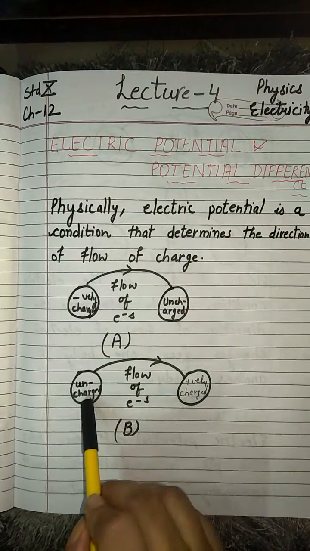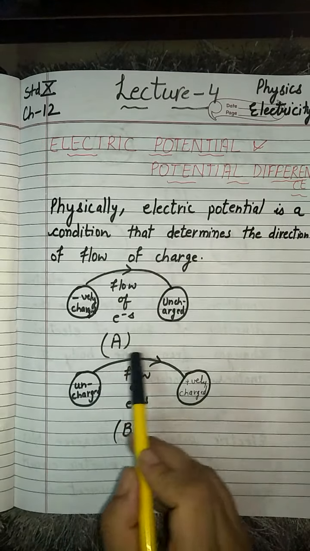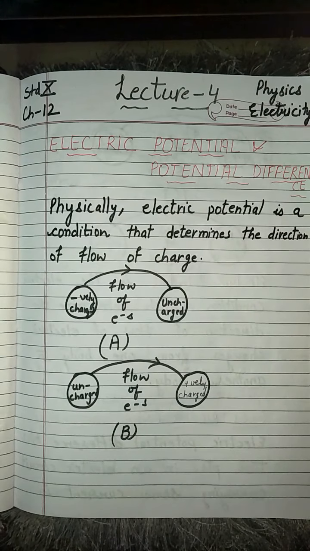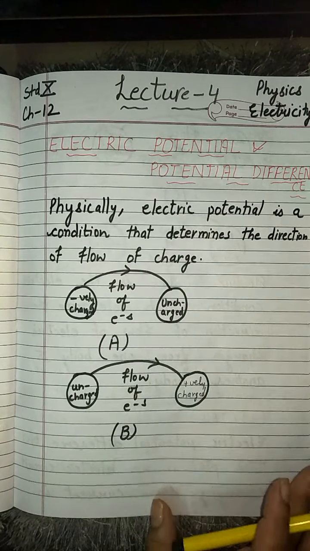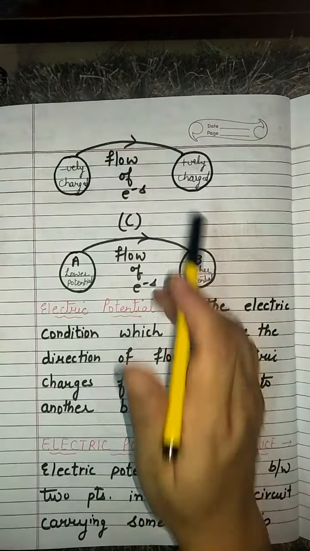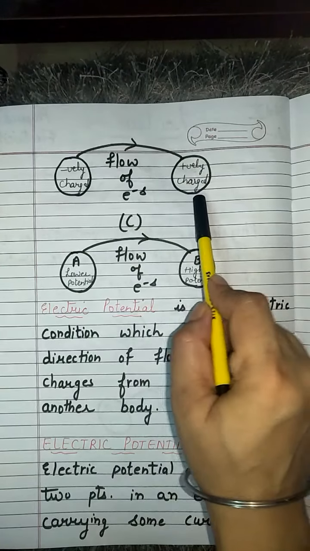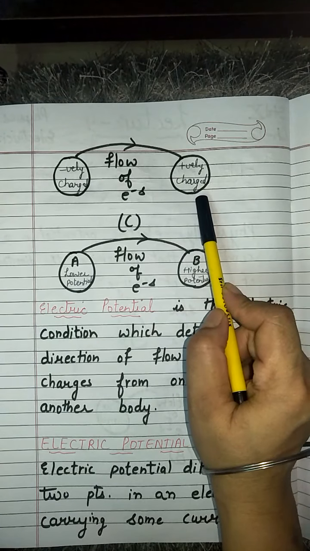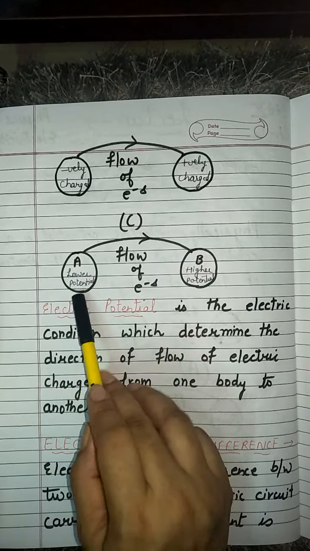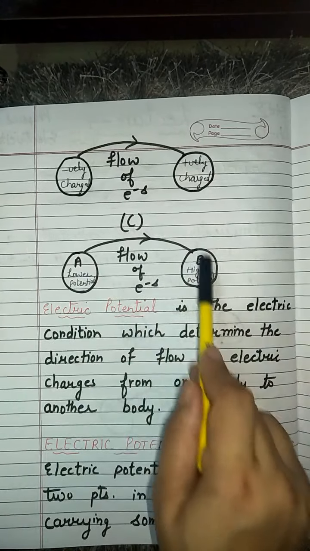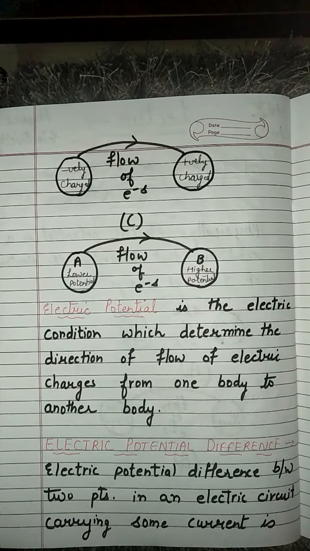Then from the uncharged conductor it will flow towards a positively charged conductor. Similarly, other examples are given. Let us say this example, from a negatively charged conductor to a positively charged conductor, or as I have written last, from a lower potential to a higher potential.